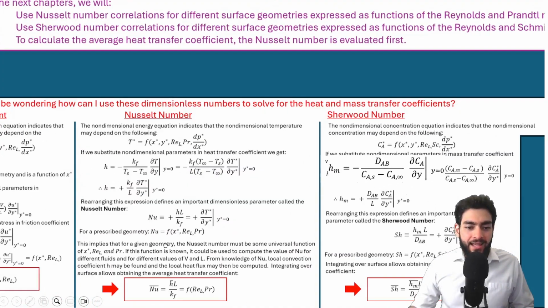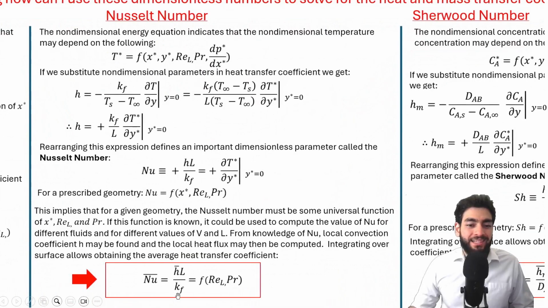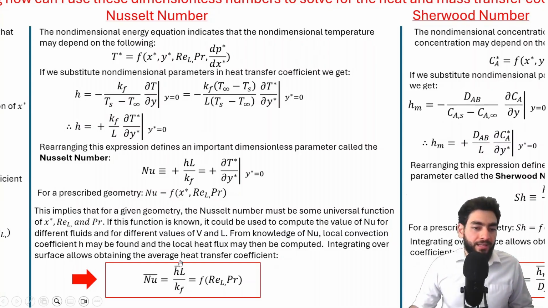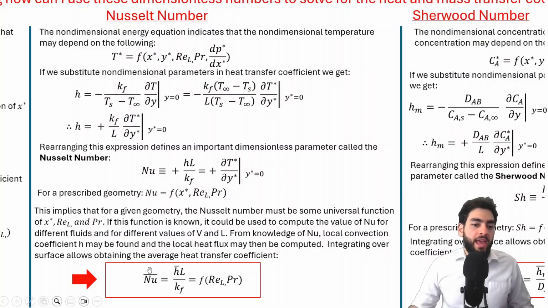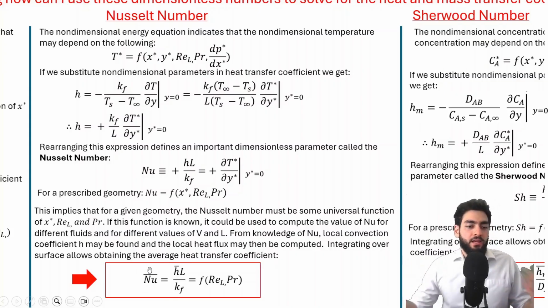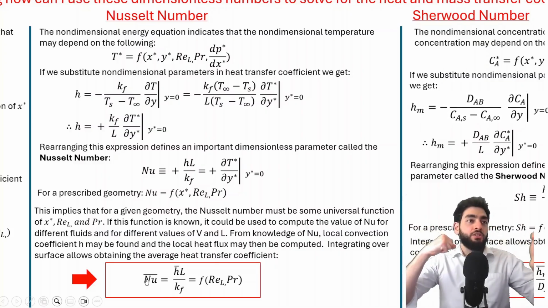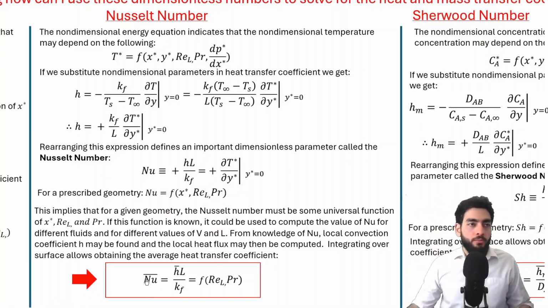These relationships show why the Nusselt number is required to calculate the heat transfer coefficient, because you can see the relationship between the heat transfer coefficient and the Nusselt number. Without knowing the Nusselt number, you might not be able to calculate the heat transfer coefficient. In engineering literature and the scientific community, they give you average Nusselt number correlations, equations for different geometries.